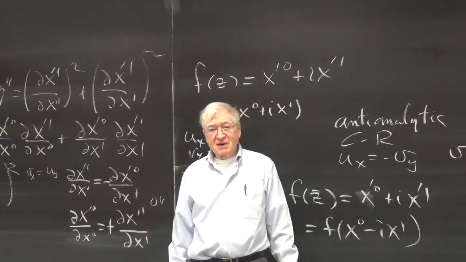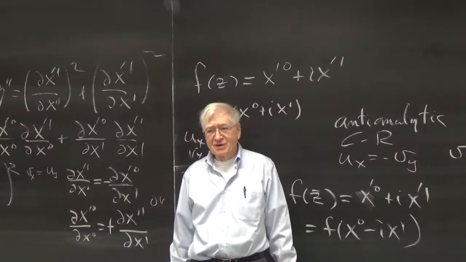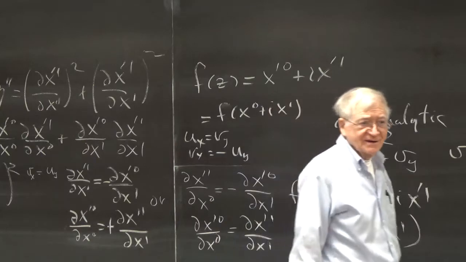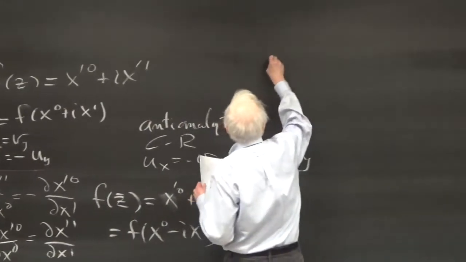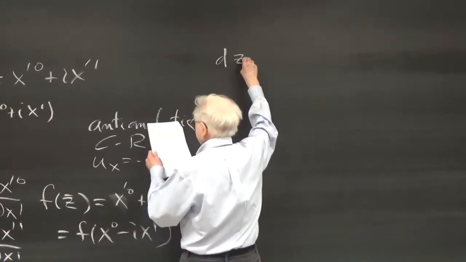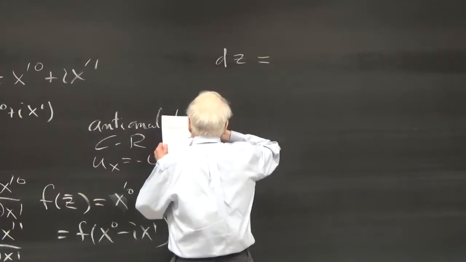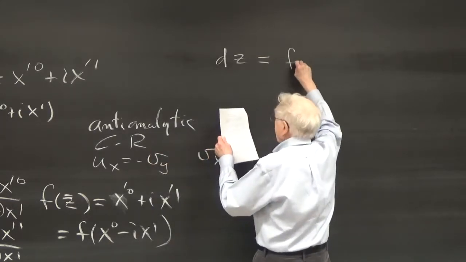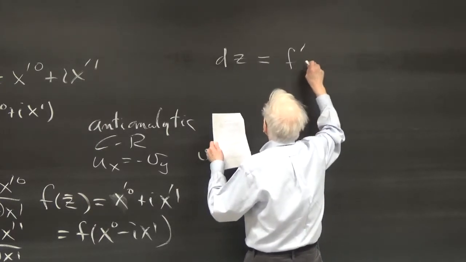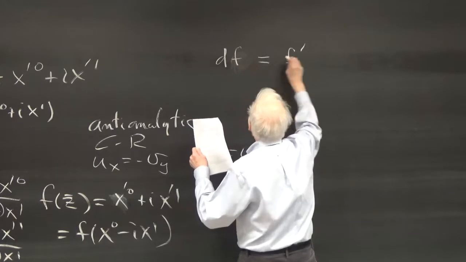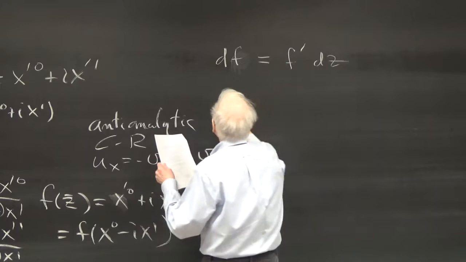Shall I say something about why angles are preserved with an analytic function? Remind you guys of that? It's been a while. All right, let me remind you then. If you have an analytic function, then we have df is the derivative f prime dz.